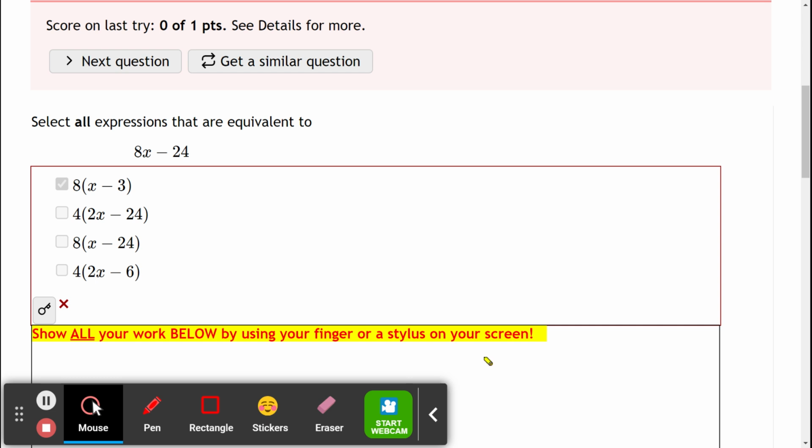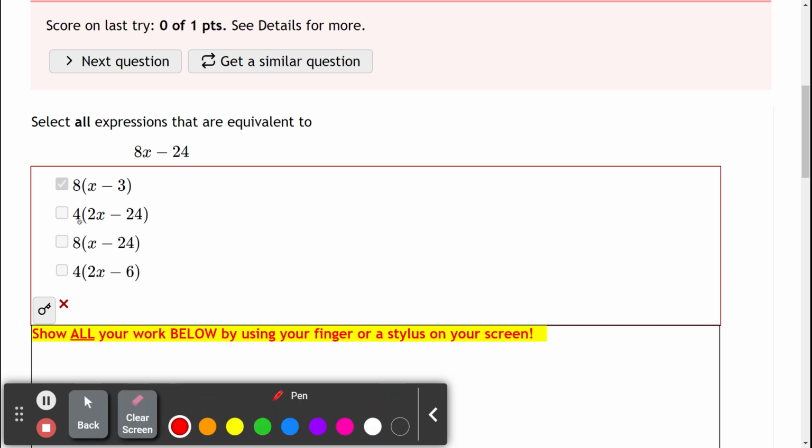But which of these will also produce the same result? 4 times 2x is 8x, but 4 times 24 is not -24, so that one is out. 8 times x is 8x, but 8 times 24 is not that. Here, 4 times 2x is 8x, and 4 times -6 is -24. So it would also have been that one. I should have done that one as well.